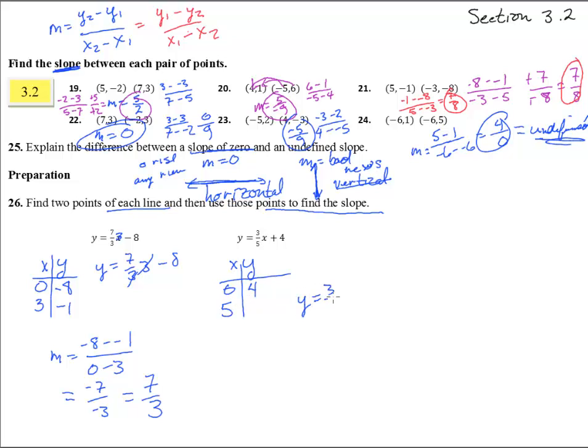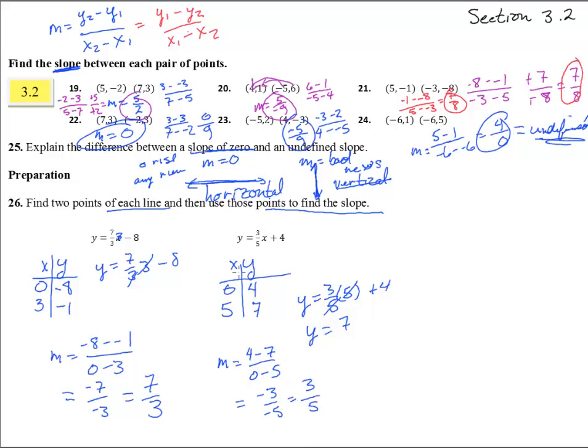If I get y equals 3/5 times 5, you'll notice I picked that number, so those guys would cancel. You could pick anything you want. So we get y equals 7. So now we figure out the slope, and it's going to be 4 minus 7 over 0 minus 5. That is a negative 3 over a negative 5 equals 3/5.